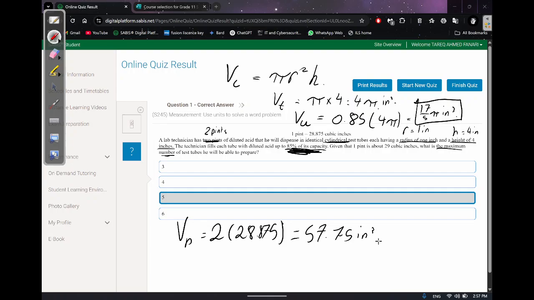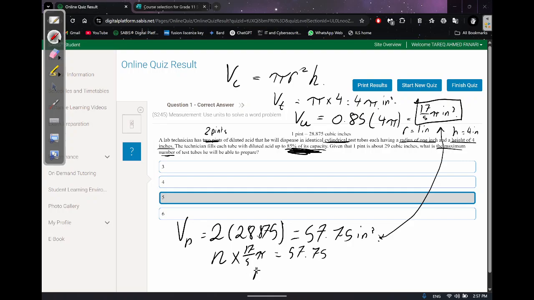But remember, what is actually being used per test tube is 17 over 5 pi cubic inches. So for n cylinders, n times 17 over 5 pi cubic inches is equal to 57.75 cubic inches.